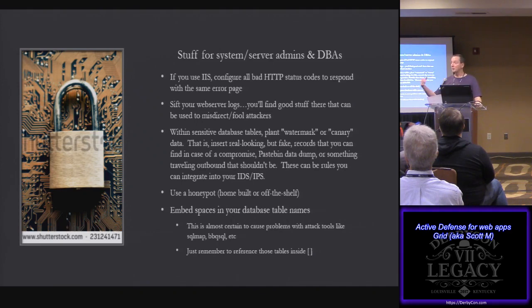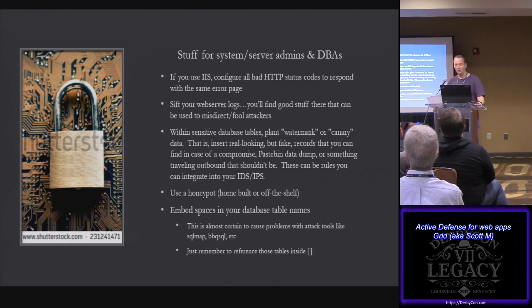There are tables that you use internally that would not be used externally, like your employee relations table, HR related stuff. If you've got a rule in your IDS or IPS that looks for this canary data, then you know that something squirrelly's going on.